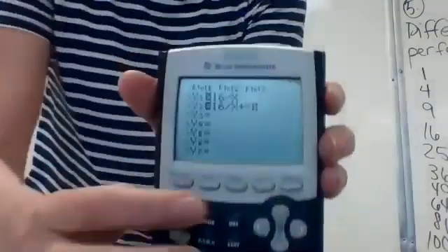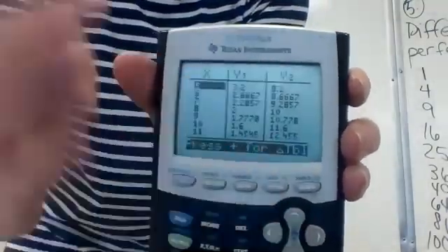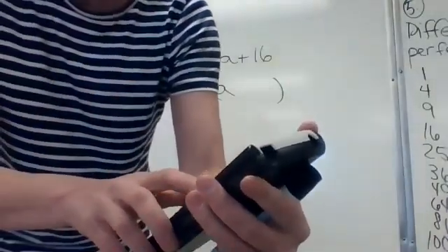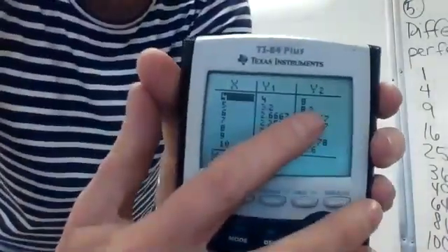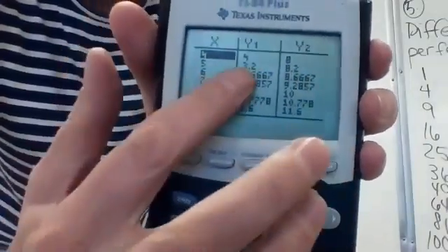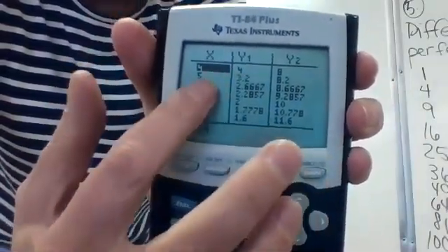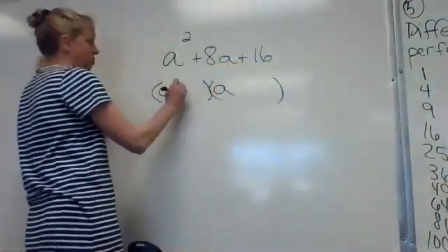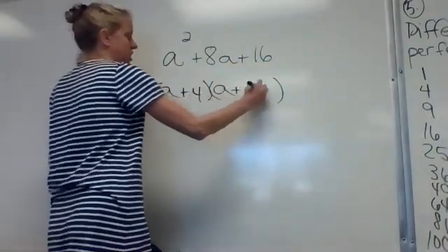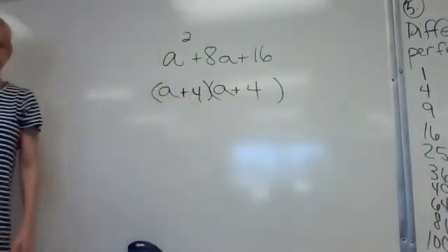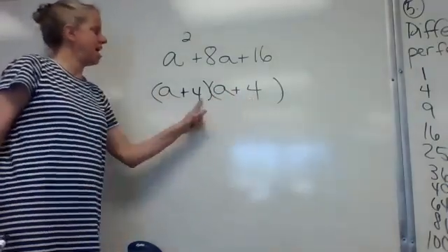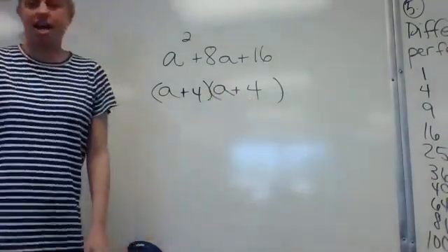And then hit second table, looking for your middle number, which is positive 8 in that last column, which tells me I need to use positive 4, positive 4. They just go right there. You jump straight to your parentheses. You skip the whole t-chart altogether. Multiply to get 16 and add to get 8.